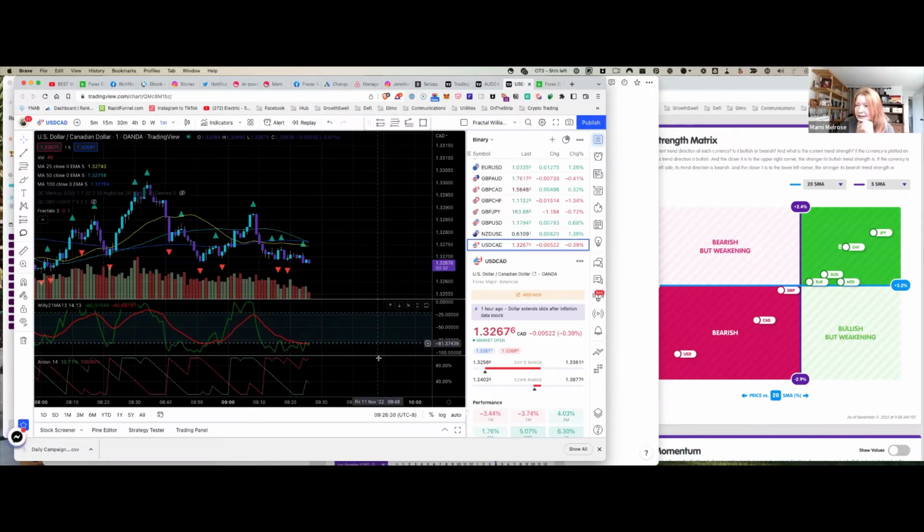Whenever we're under this line, 75, we're overbought. And whenever we're over this 15, okay, we're oversold. Okay. Well, it's the opposite, sorry. This is oversold and this is overbought. Okay.